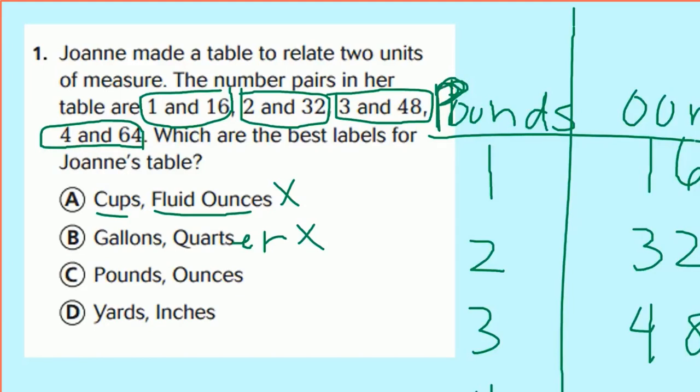Okay. Yeah, I think that's the winner, but let's look at the last one. Yards to inches. 1 yard equals 36 inches, right? No, that's not right. It's definitely C. And if you're using your measurement chart, that one was like, poof, I got it.